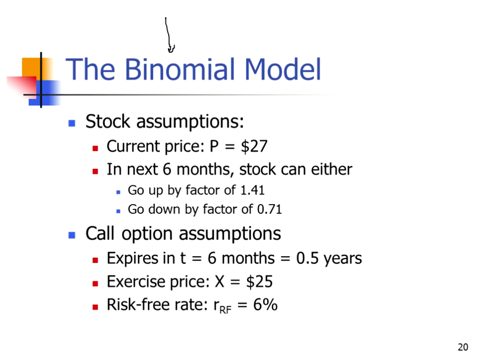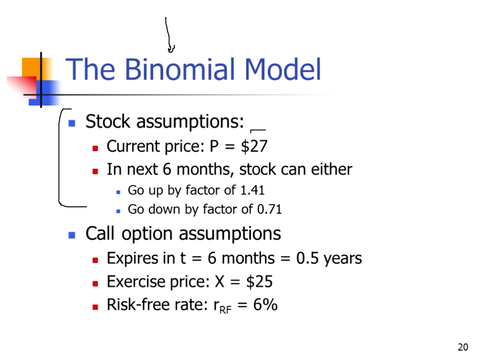Let's look at the valuation in a binomial model situation. Again, what you're trying to look at are two states. It'll be good if I can show you in Excel, but just to give you a reading of what the scenario is, you've got stock assumptions.